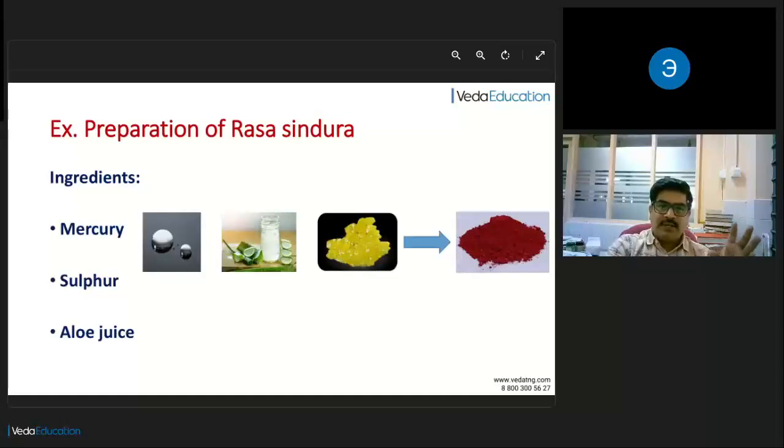So initially, there are two ingredients in the preparation of Rasasindura.